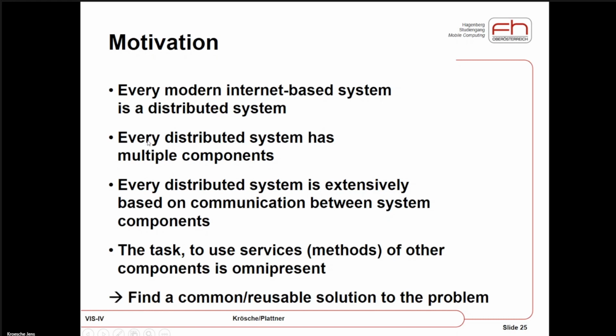Of course, we know from its specification that every distributed system has multiple components, otherwise it wouldn't be distributed. That can be two, client and server, but in reality, of course, there are multiple other things involved, different servers, different databases, different locations, and everything is working as a homogeneous system.